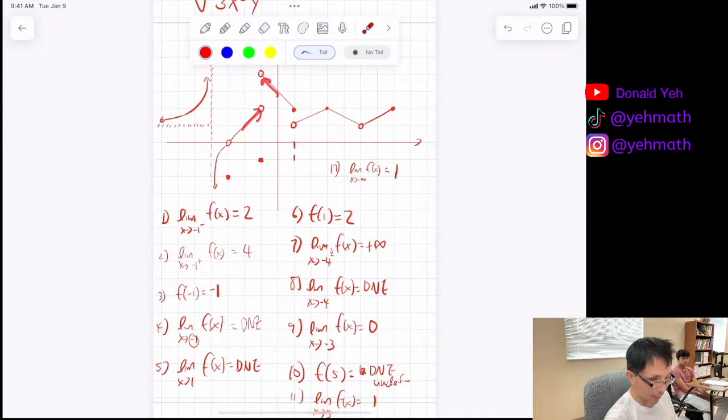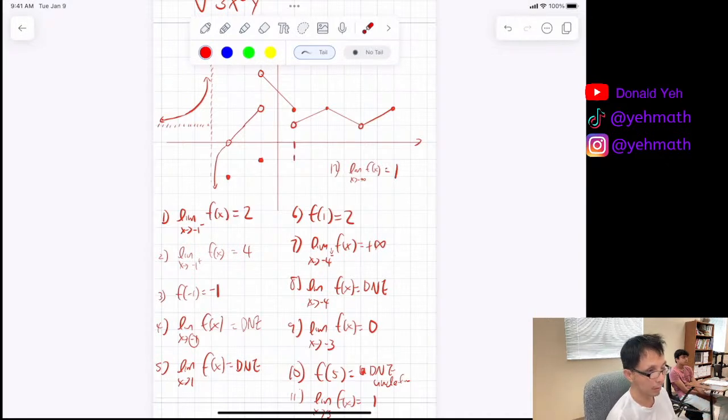So that would be does not exist, because you have to look from both ends. And number 5 at 1, it's going to be a solid dot, but again, it's not reaching the same value, so therefore does not exist. If I ask you for one value, you should look from both ways, see what they come up to be. Do they come to the same conclusion?